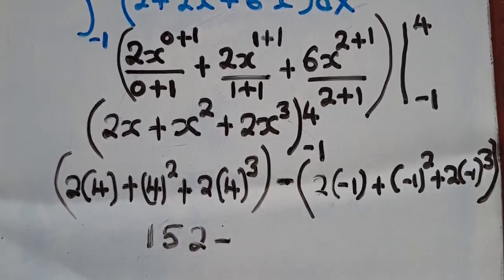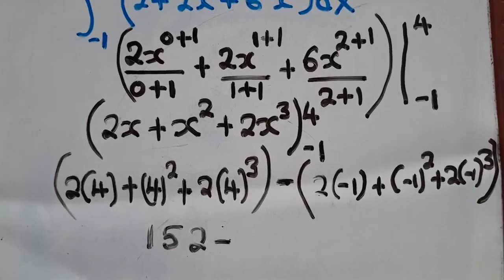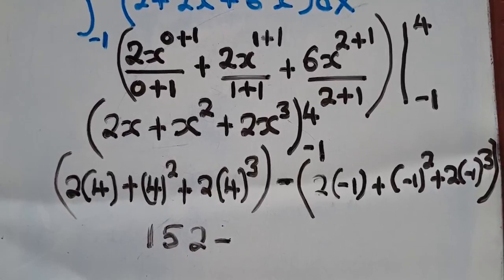What answer do you get on this other side? You just type it the way it is: 2(-1) plus (-1) squared plus 2(-1) cubed.